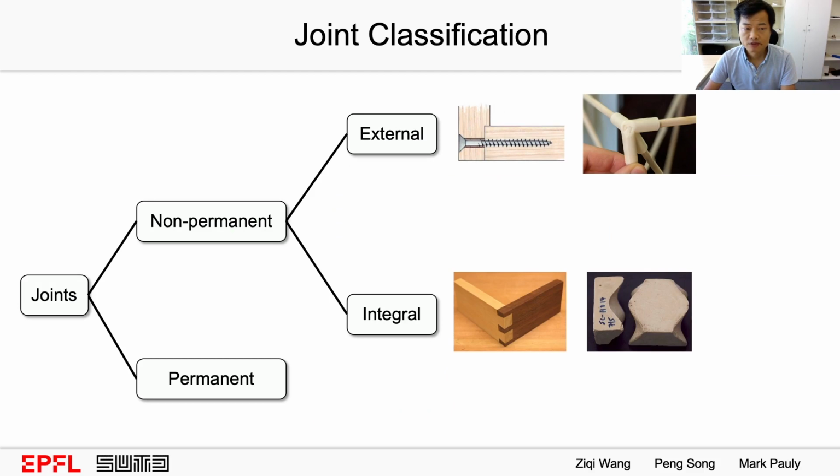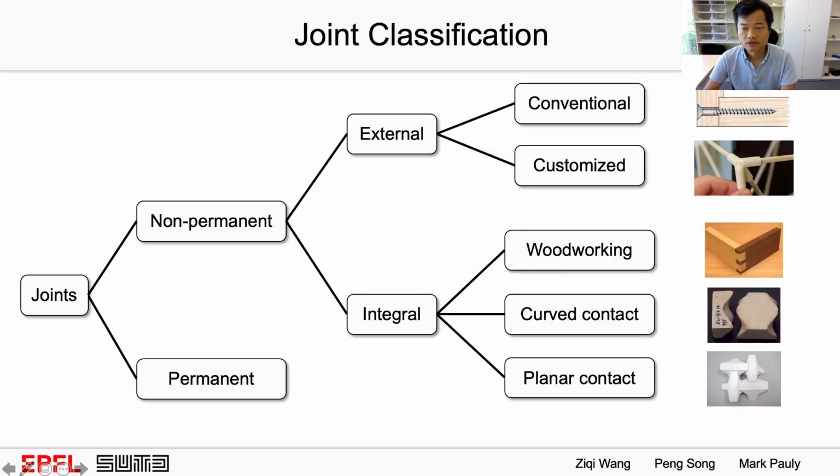Non-permanent joints can be further classified as external and integral. Screws and 3D printable connectors are external joints, and they are independent from the parts. Woodworking joints and curved contact joints are integral joints. Integral joints can significantly simplify the assembly process by assisting parts alignment and reducing the total number of assembly steps.